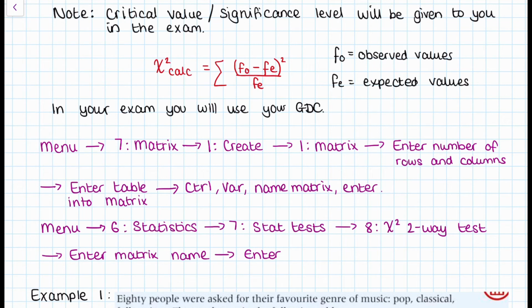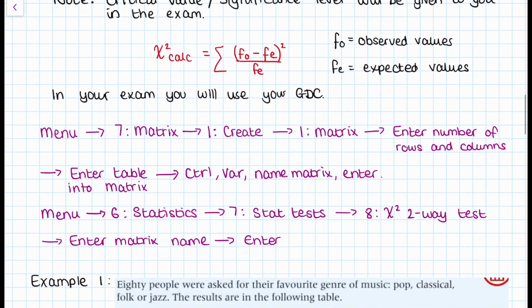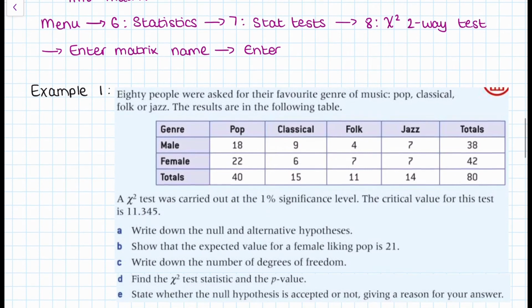So you are storing your matrix as a variable in your calculator. You then go to menu, statistics, stat test, the chi-squared two-way test, enter whatever you called your matrix just before, then press enter, and it will come up with a list of all your information, including the chi-squared value and the p-value.